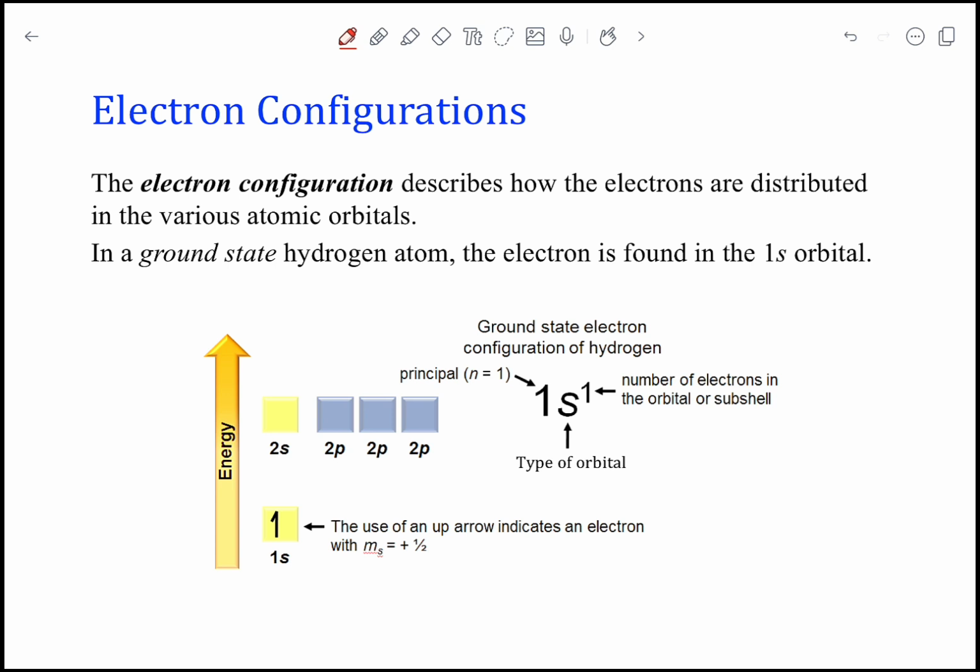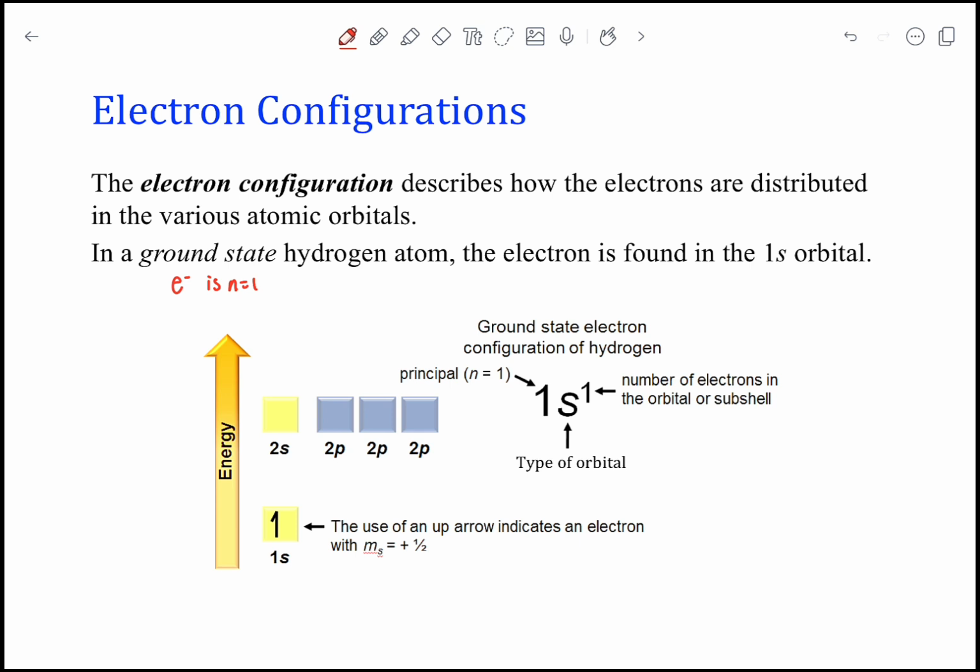In a ground state hydrogen atom, remembering that ground state means that the electron is in n equals 1 from our previous chapter, the electron is found in the 1s orbital. There's only one electron in hydrogen. Remember, if you look in your periodic table, hydrogen is number 1.